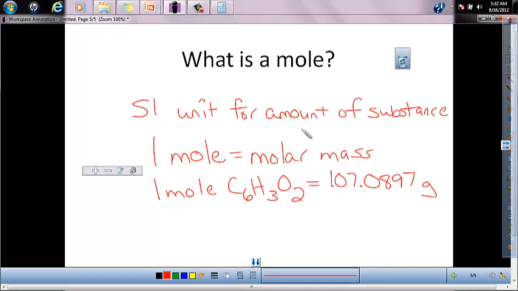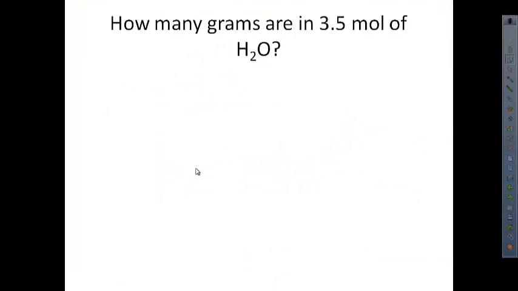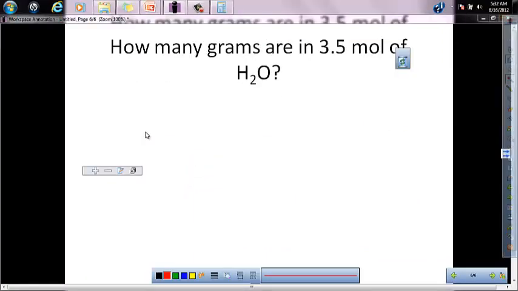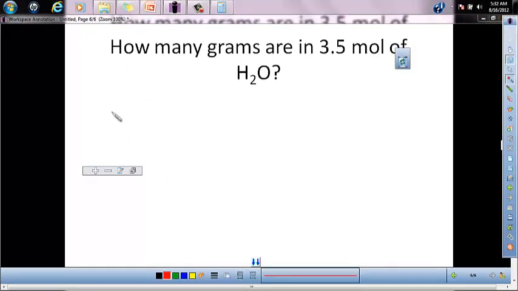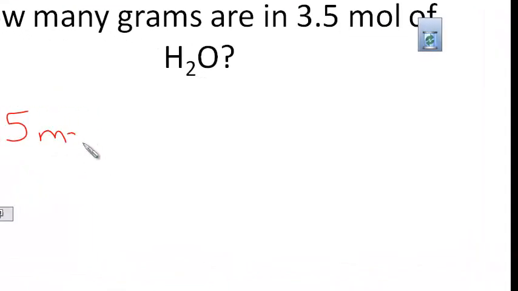Well, we can use that fact to convert using dimensional analysis. Okay, so how many grams are there in 3.5 moles of H2O? All right, well, you got 3.5 moles. Okay, that's what we're starting with. We know we're going to convert.